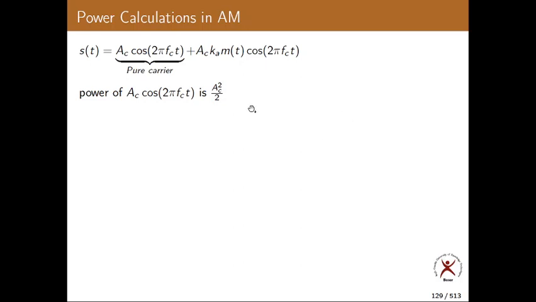This is the generalized formula for the power of any sinusoidal signal: its amplitude square by 2. Here the amplitude is Ac, so the power is Ac square by 2.